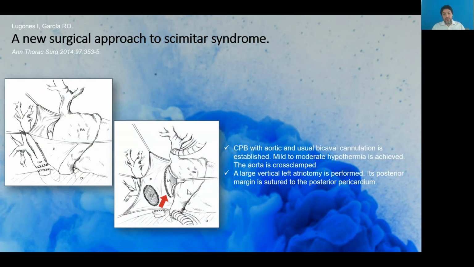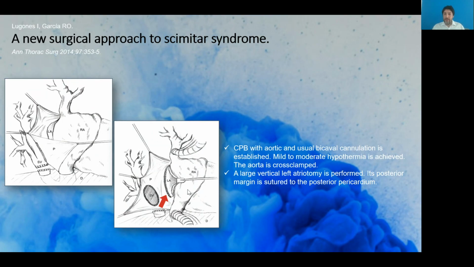Then we cannulate the patient in the standard fashion with aortic and bicaval cannulation. You do not need to go too low into the IVC because you will be doing nothing inside the IVC. So it is standard bicaval aortic cannulation, then you go to mild or moderate hypothermia, and the aorta is cross-clamped.